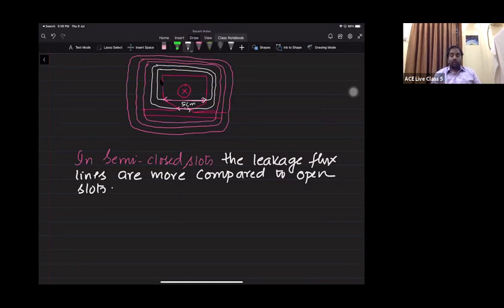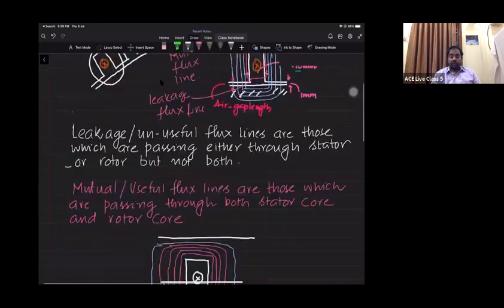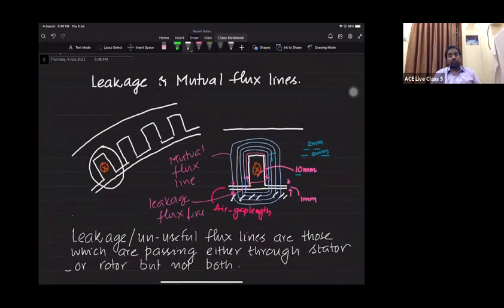In the case of an induction motor, when the magnetic flux lines are coming from the core towards the air gap, when they approach the air gap they see two reluctance paths. One is within the stator, where they can travel and complete the path. The other is they can cross the air gap and via the rotor core, come back to the stator core and complete the path.